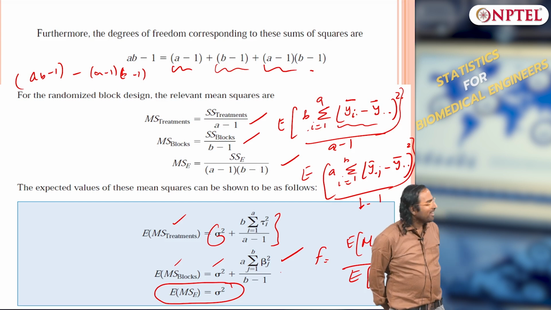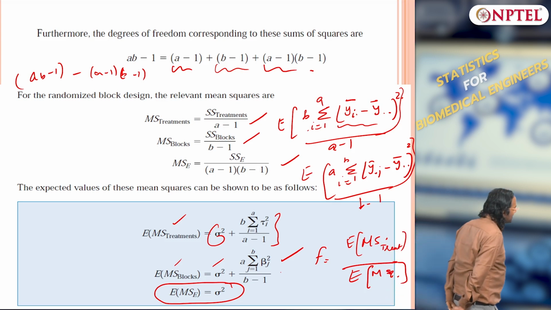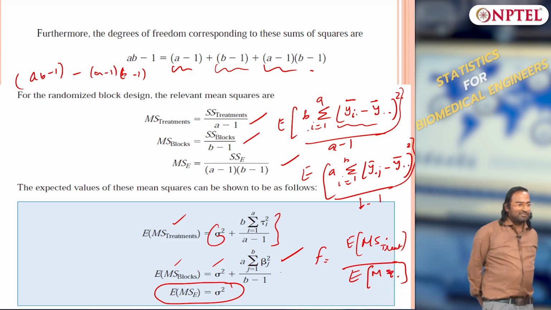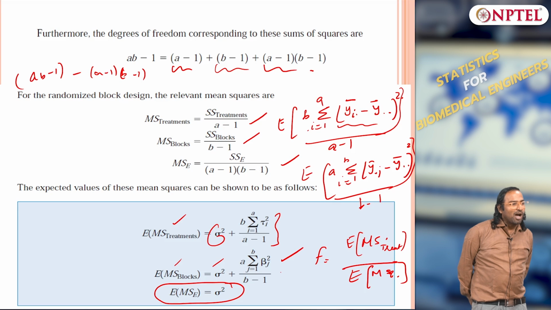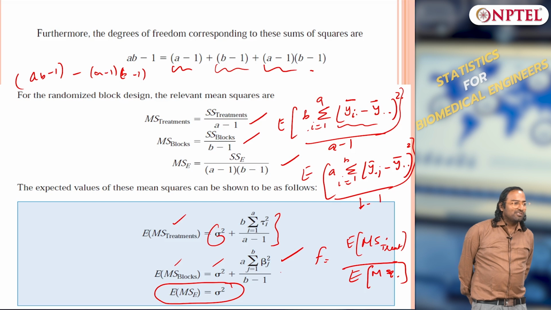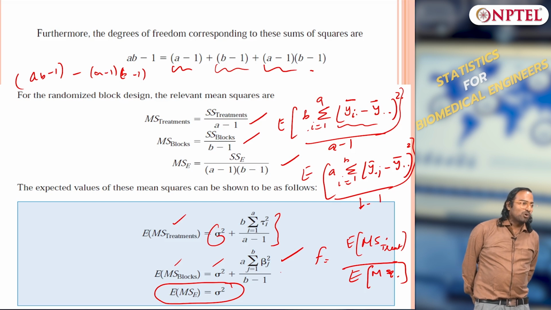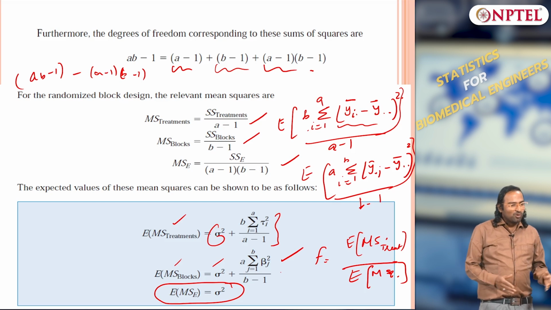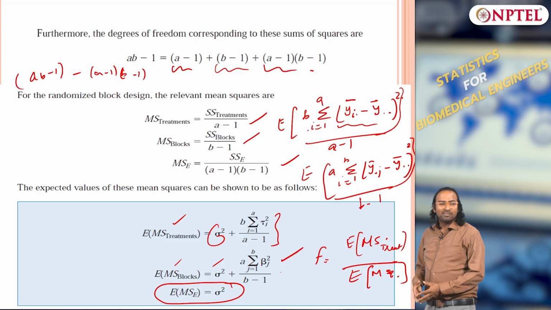The same way, you can do a hypothesis test on blocking itself and look at the ratio of block over noise, and then say which block is significant compared to noise. If you want to understand blocking, you can do the same thing you did for treatment.